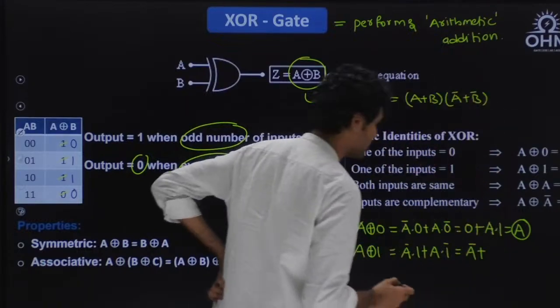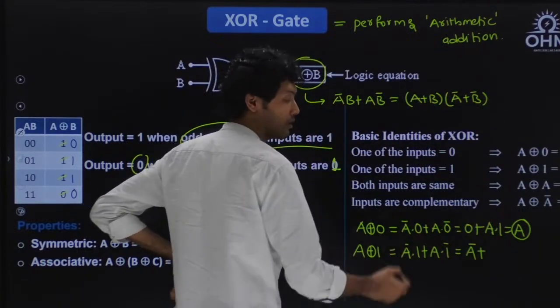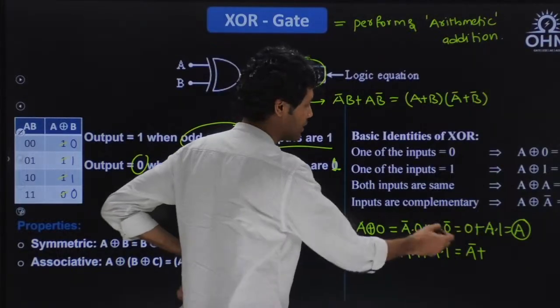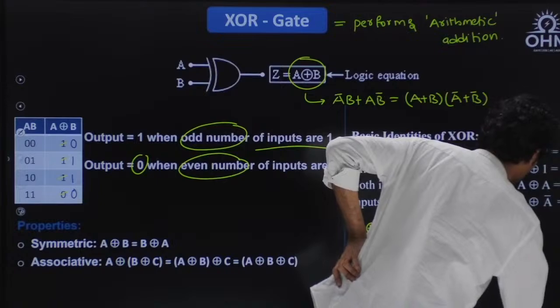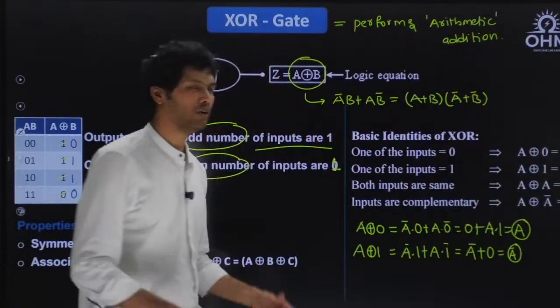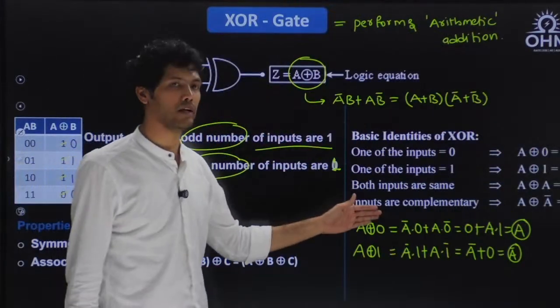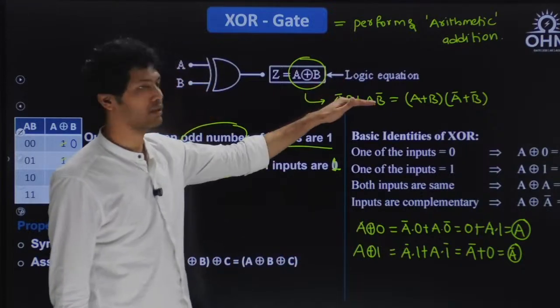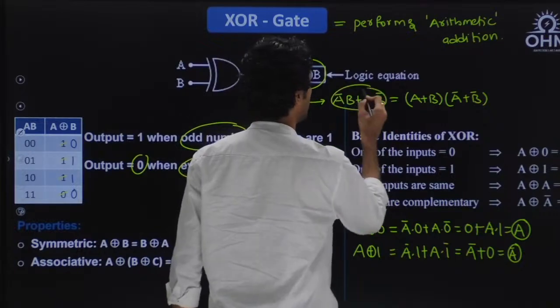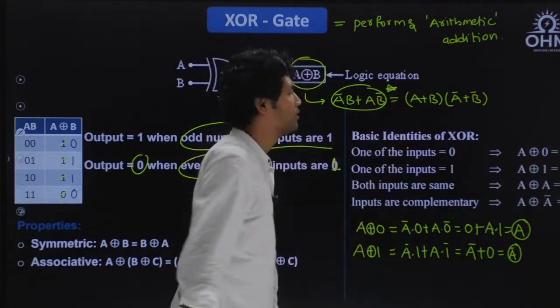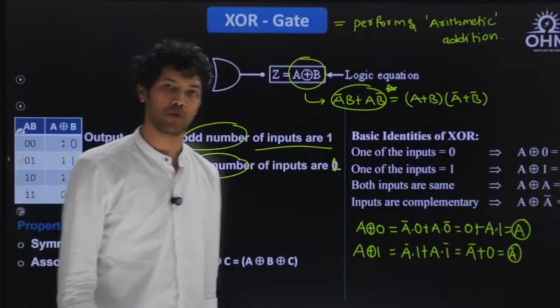The second term has 1 bar, which means 0, and anything into 0 is 0. So A bar plus 0 is equal to A bar. If you want to prove any of these basic identities, you can always use the basic formula of the XOR function. This formula is very commonly used in problems.